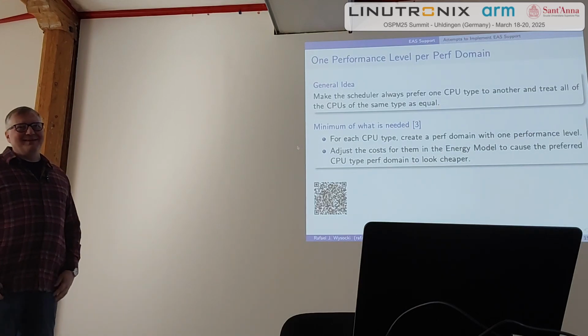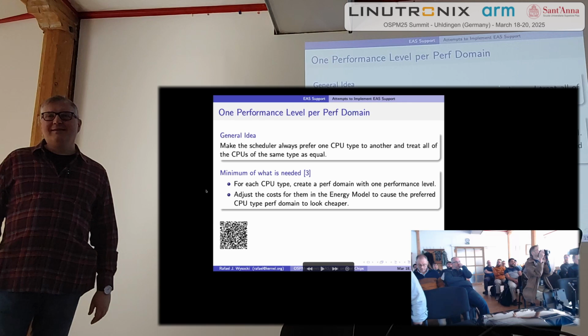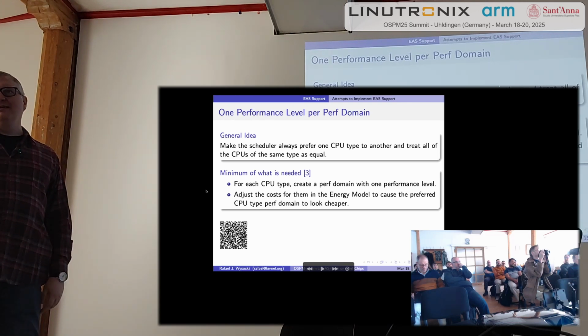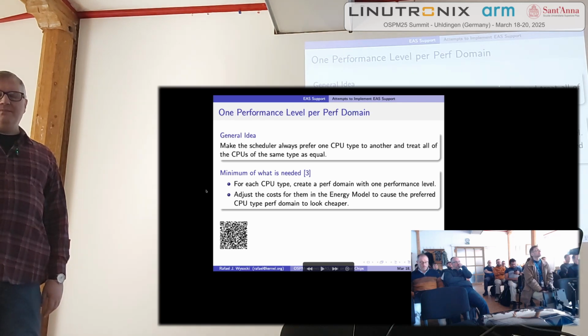But anyway, yeah. You're creating a perf domain per CPU type, but is there a relation between the frequency of each CPU? How do you choose the frequency between the two CPUs at the same time? So that's where the governor part goes in.